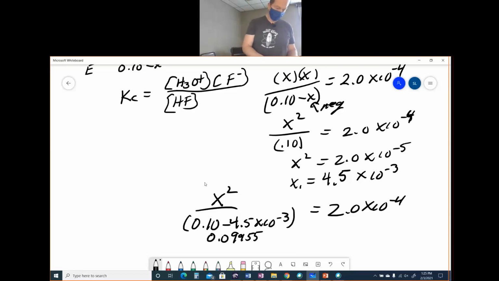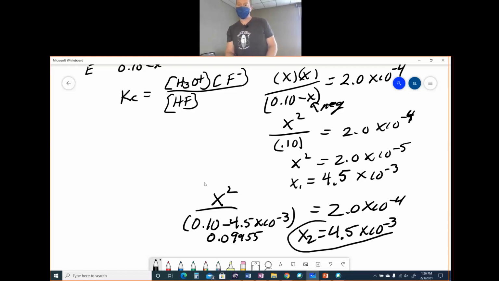So multiply both sides by that. So 2.0 times 10 to the negative 4, and then take the square root. And you get 4.5 times 10 to the minus 3. All right, so you got the same answer twice, so that is the same, and therefore this is your final answer.